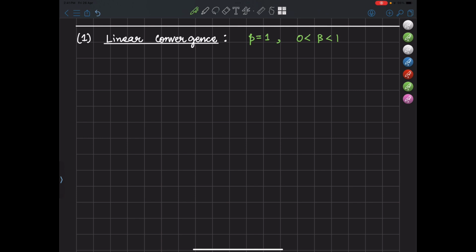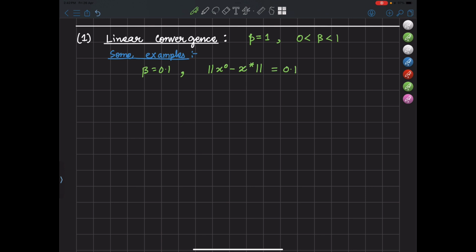Okay, so some examples. Let's say beta is 0.1 and the initial value of the input is taken such that the norm is 0.1.